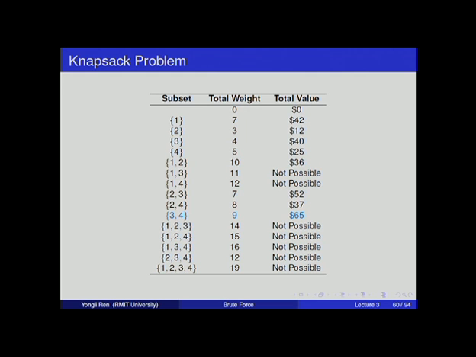Then we calculate the weight for each. For any combination where the total weight is over 10, that's not possible because our bag has a capacity of 10. Then we check the rest of the solutions and find the largest value we can get. It's 65. So that is the brute force idea for exhaustive search.